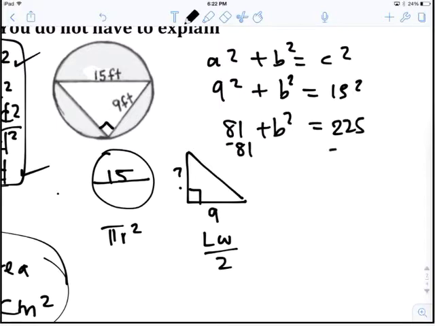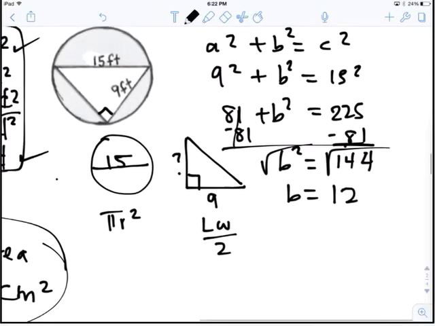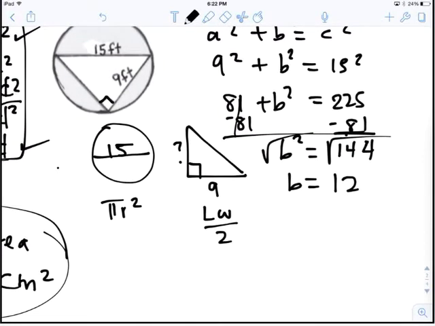Subtract 81 from both sides. b squared equals 144. Oh, that's a perfect square. It's called a rational number. So your missing length is 12.